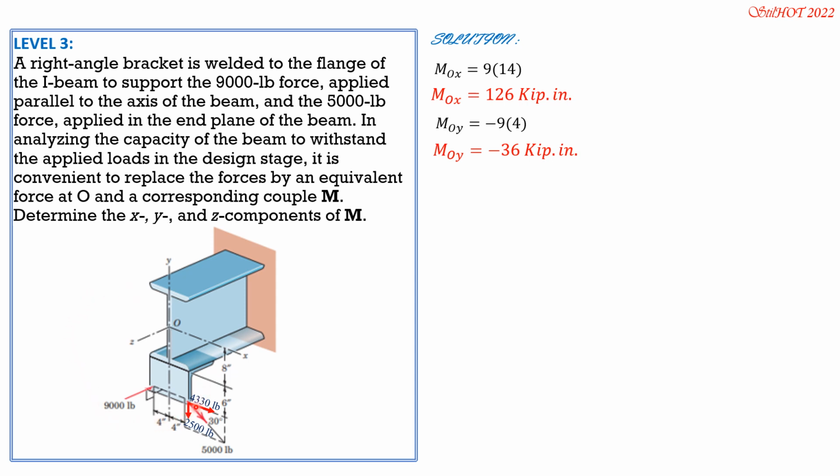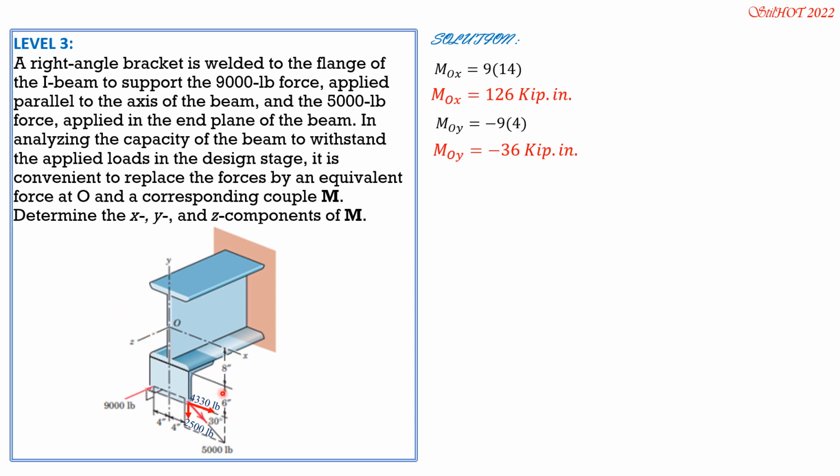So it is 4.33 times 14, then minus 2.5 times 4, because this is also the z-axis. Same sense: this is your right thumb, those are the four fingers, and that's the positive sense of moment.